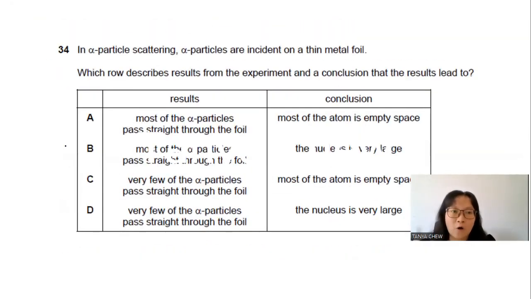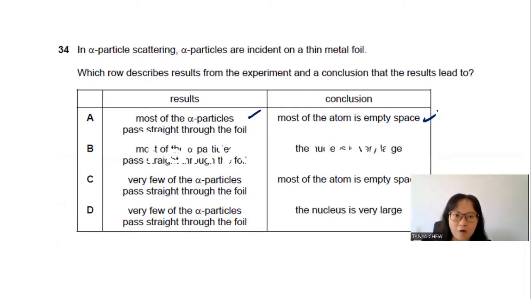Question number 34. In alpha particle scattering, alpha particles are incident on a thin metal foil. Which row describes results from the experiment and a conclusion that the results lead to? Look at A. Most of the alpha particles pass straight through the foil, which is true. The conclusion is because most of the atom is empty space, which is true, but I will have to look at B, C, and D first and compare.